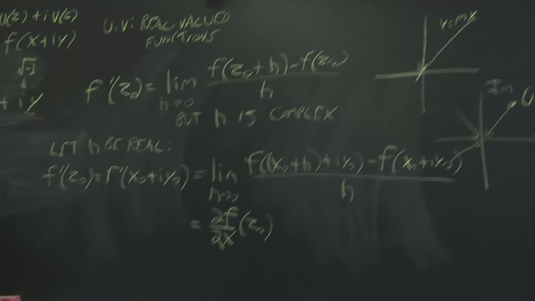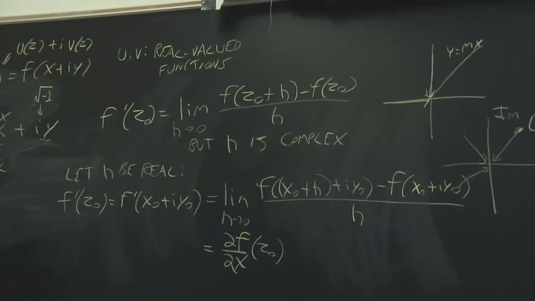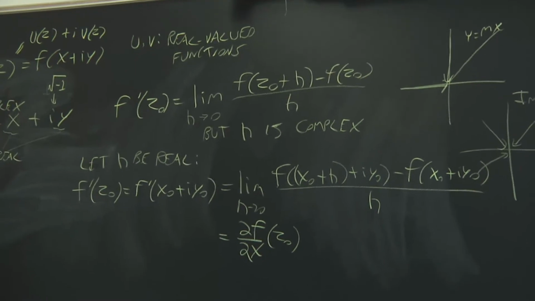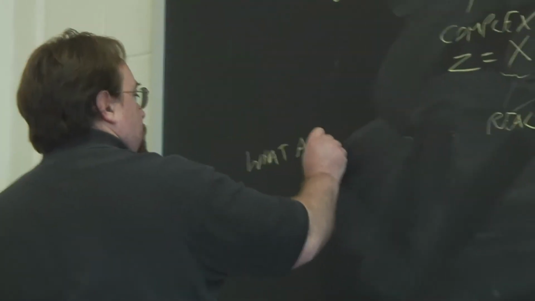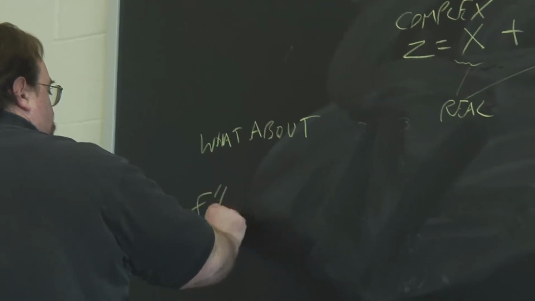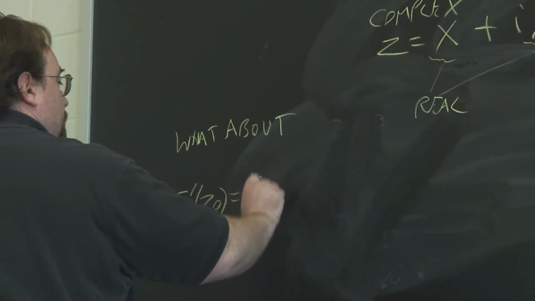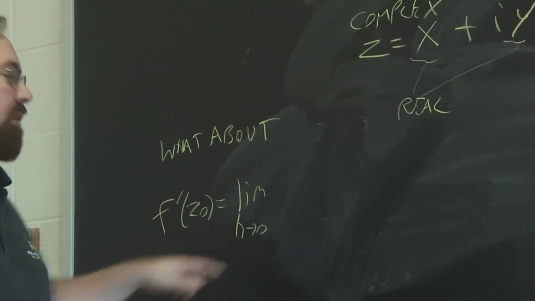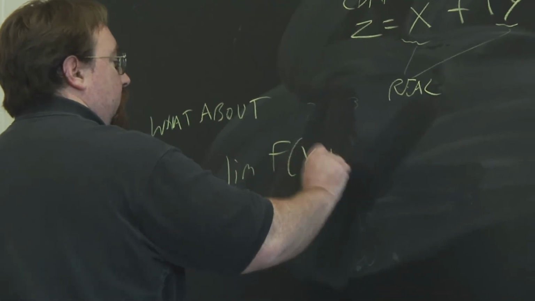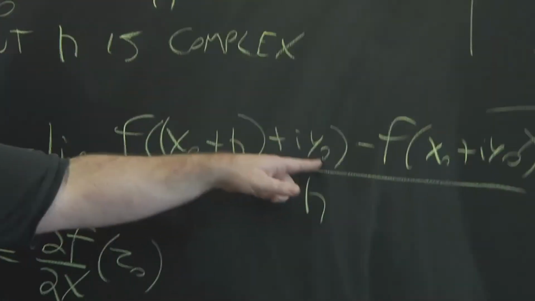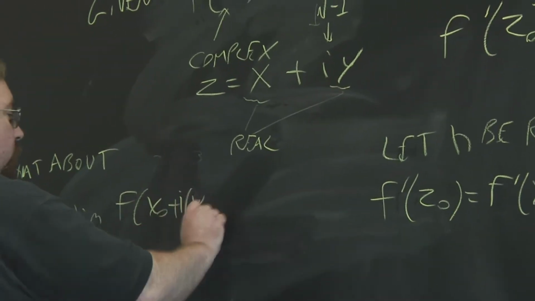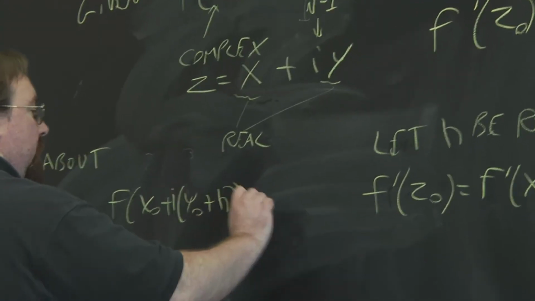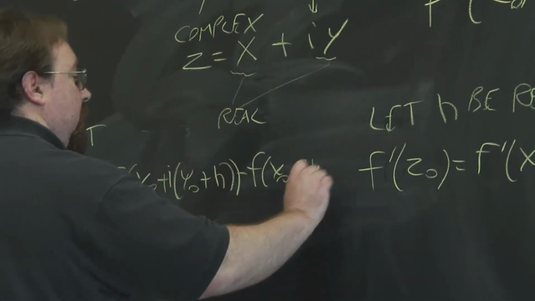But now suppose h is what's called a purely imaginary number. So same thing, same limit, only now this h is still going to be a real number, but now we're going to tweak the imaginary part instead of tweaking the real part. We're going to tweak y. So now we have f of x naught plus i (y naught plus h), minus f of x naught plus i y naught, over i h.